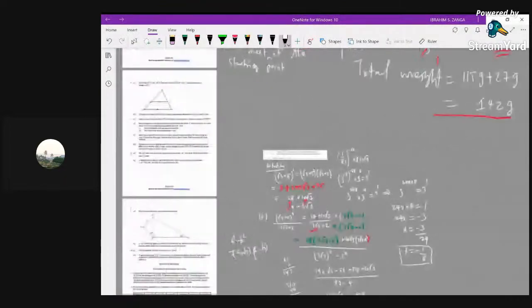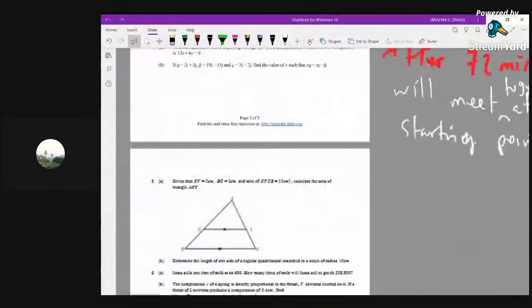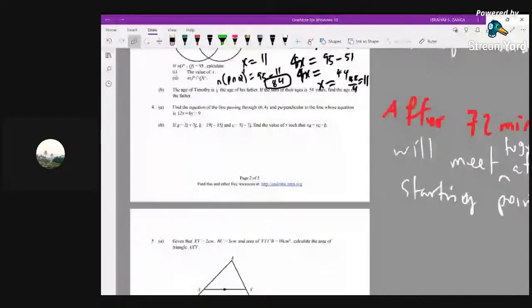Just to confirm, 12x plus 6y equals 9. Yeah, very good.